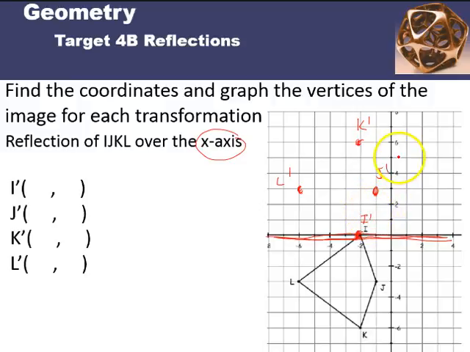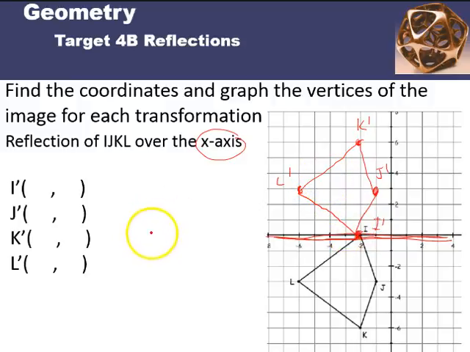And then I just connect the dots. I don't like the placement of where I wrote this I prime, so I'm going to move it out of the way. So right there is I prime. Then J and K get connected, K to L get connected, and I to L get connected.